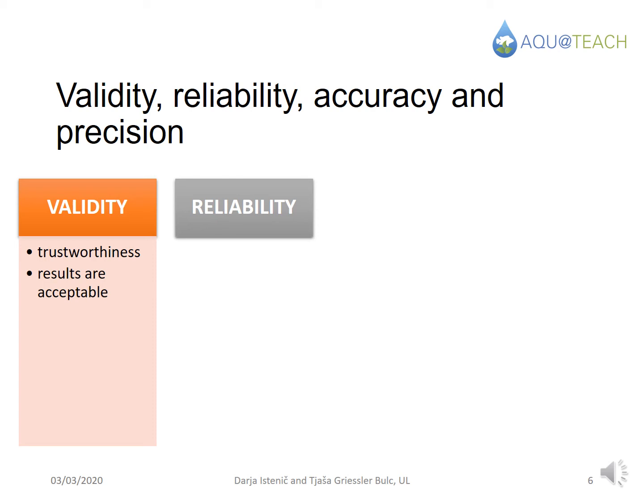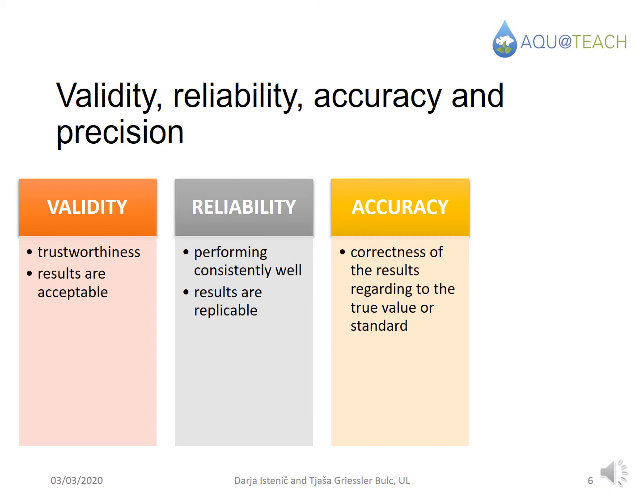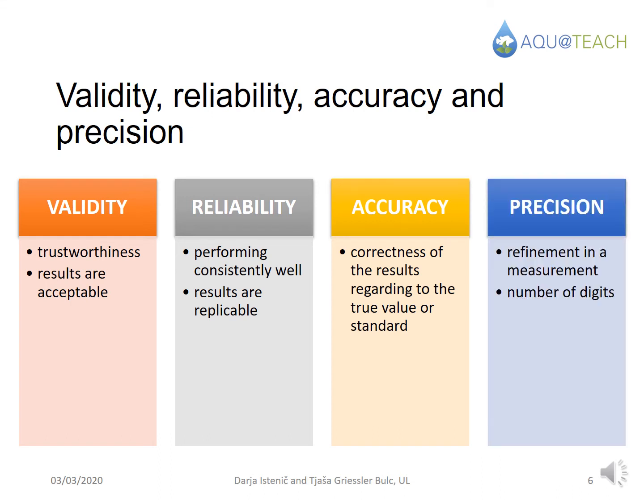Reliability means that something is performing consistently well. Reliable results are replicable. Accuracy is correctness. Results are correct regarding the true value or standard. Precision is refinement in a measurement. It means the number of the digits of the results.